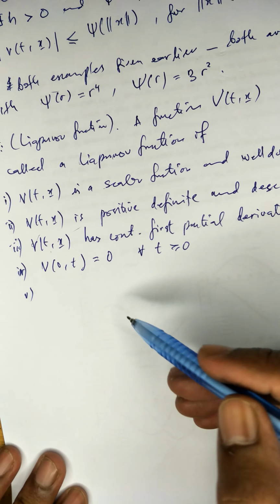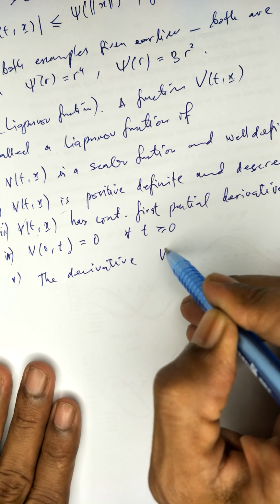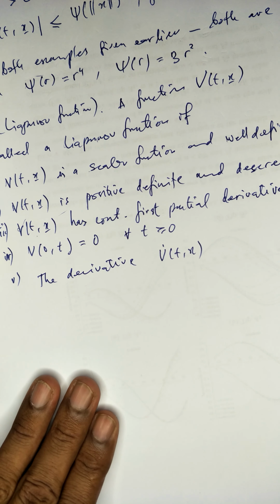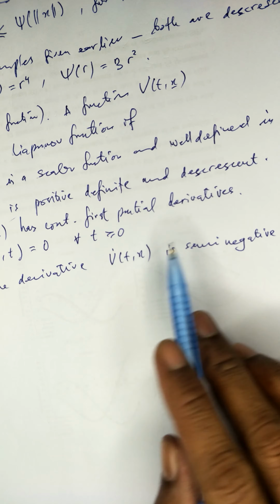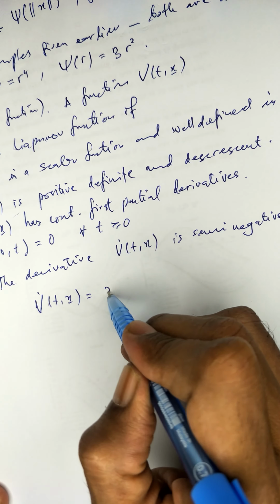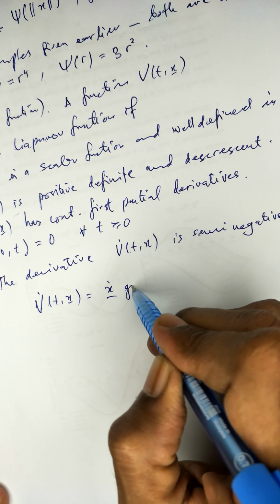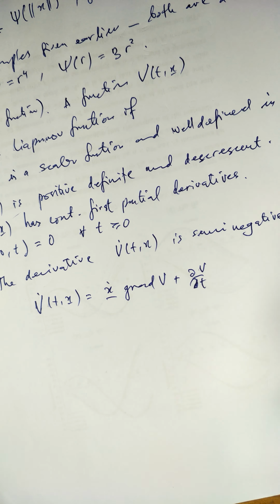And condition number 5, the derivative V dot (t, x) is semi-negative definite, where you can consider V dot as x dot dot grad V plus del V del t, and x dot is given as at the beginning of my lecture here.